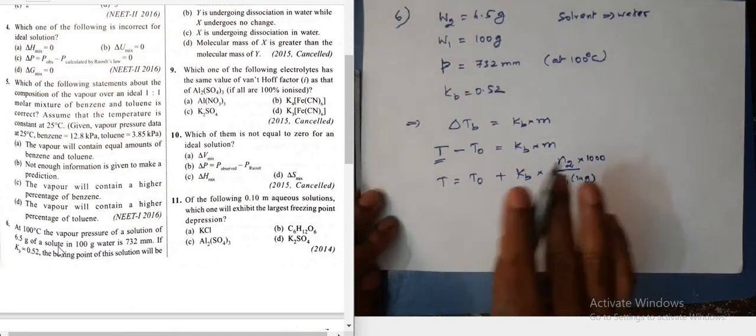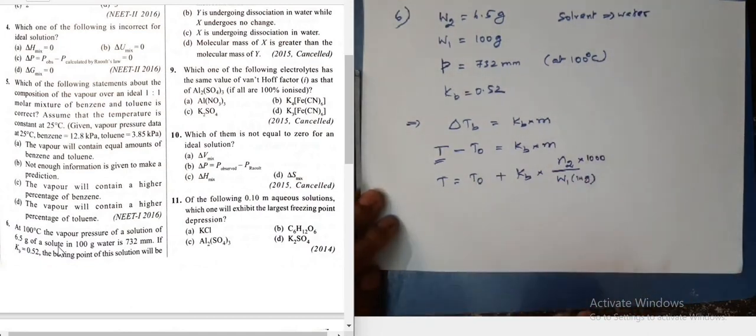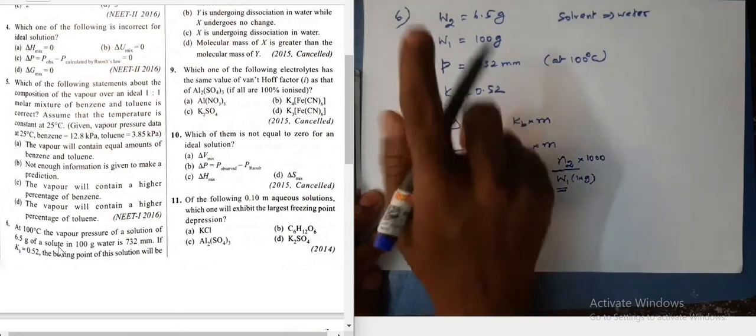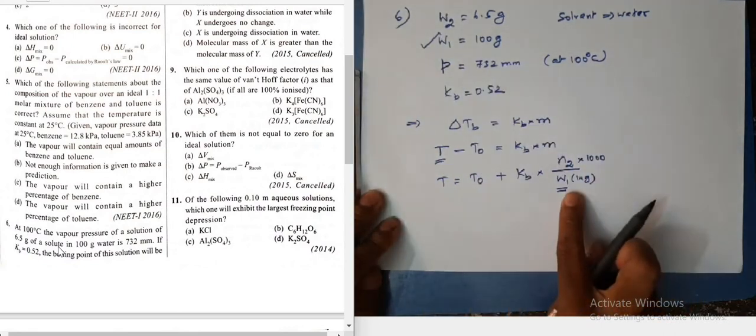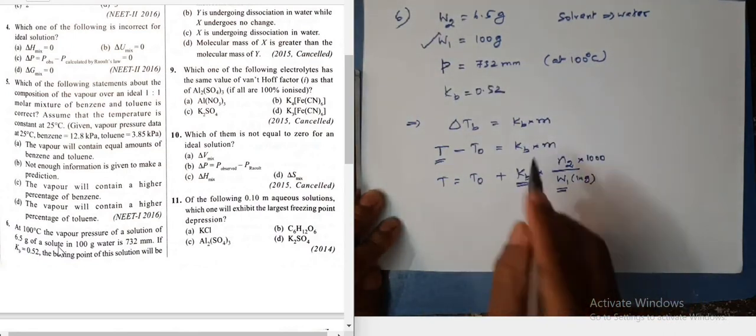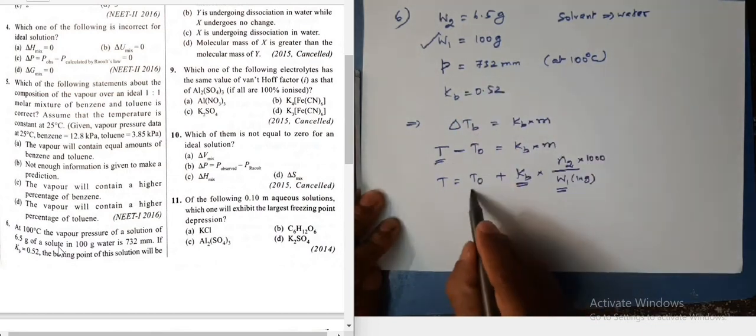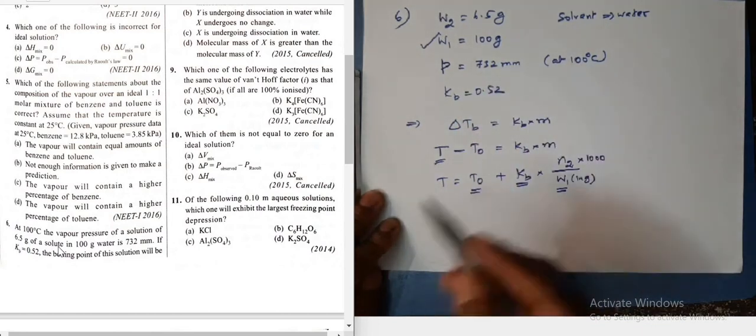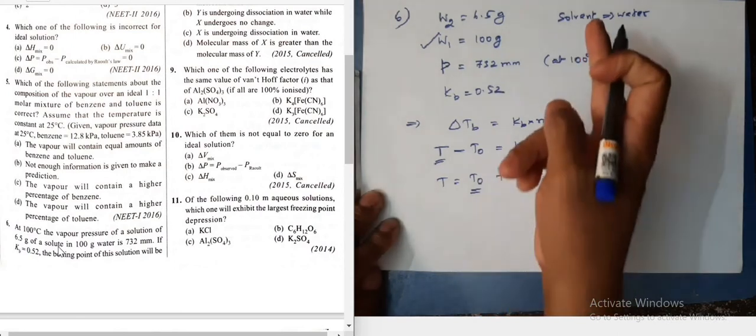Students, observe carefully. It's a very simple one, but you have to do it carefully. W1 is available. What is W1? Yes, weight of solvent is given, 100 grams. Kb value is given, 0.52. T naught is the boiling point of pure water, because solvent is water.